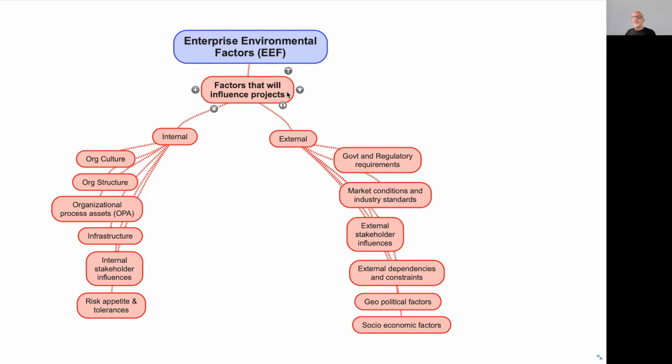At the same time, if a new technology has come in and is going to affect our project, then that is a negative impact. So factors that will influence the project either positively or negatively come under enterprise environmental factors.